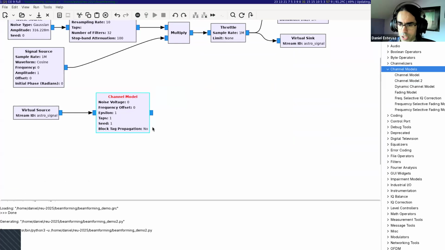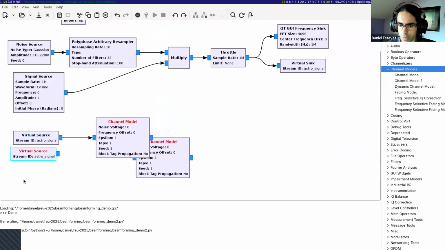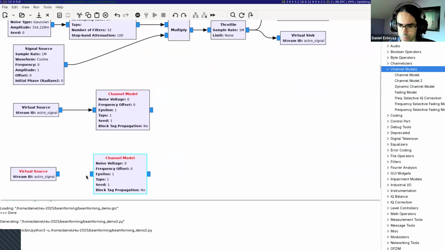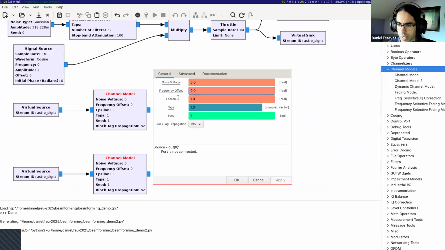And I'm going to duplicate the channel model, put it on the second receiver. And what I'm going to do is, because we only care about the difference between the two receivers, we only care about the difference in frequency. For example, we only care about the difference in delay rate. We only care about the difference in phase.